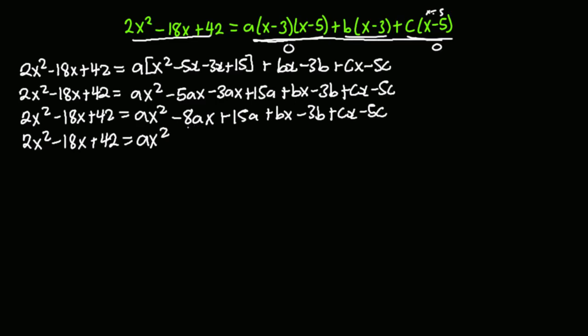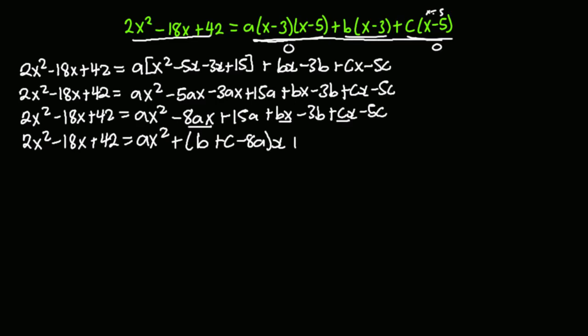So if you take a look at this, we have 8ax, we have bx, we have cx. So we are just going to get b plus c minus 8a, all this multiplied by x.